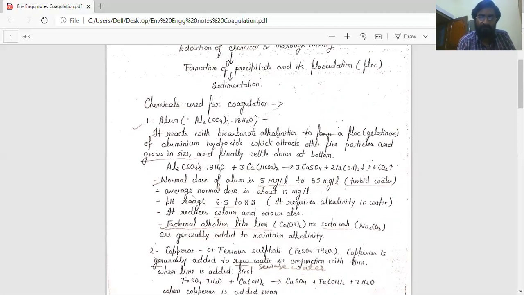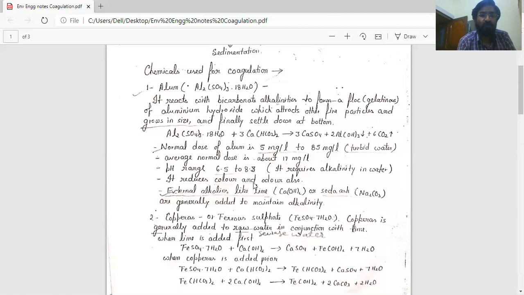The normal dose of alum is 5 milligram per liter to 85 milligram per liter, depending upon the turbidity of water. 85 milligram per liter is a high dose for highly turbid water. The average normal dose is about 17 milligram per liter. The pH range is 6.5 to 8.3. It requires alkalinity in water, meaning the water should be alkaline.